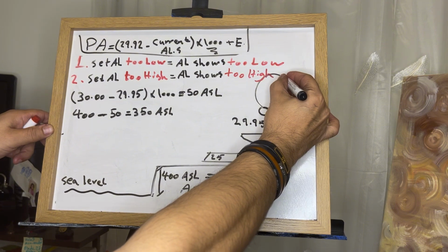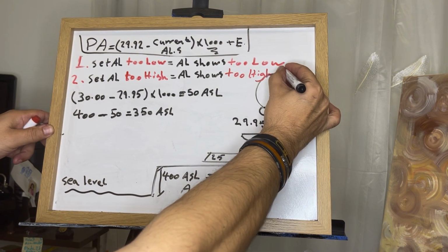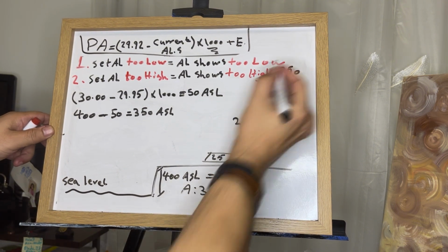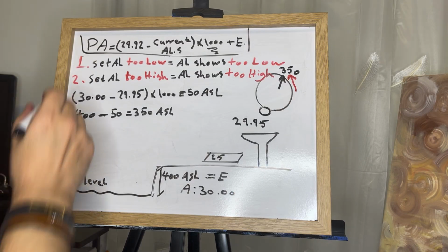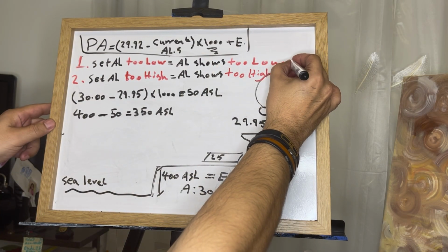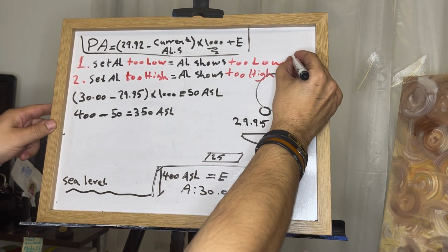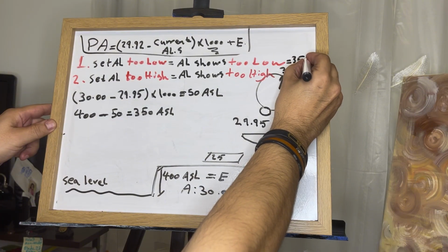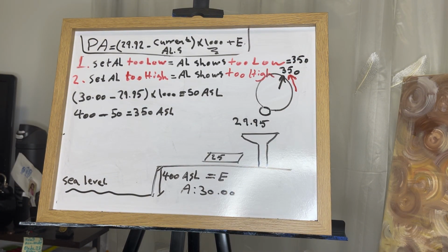So in scenario number one, the altimeter shows 350. How about if you accidentally set the altimeter too high?